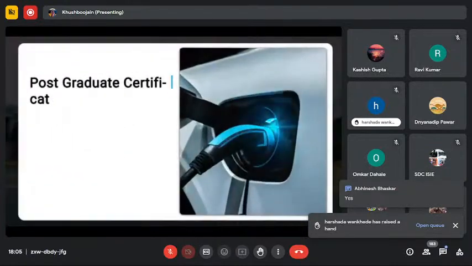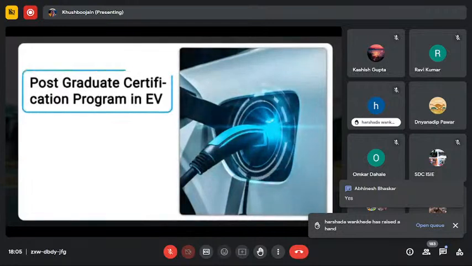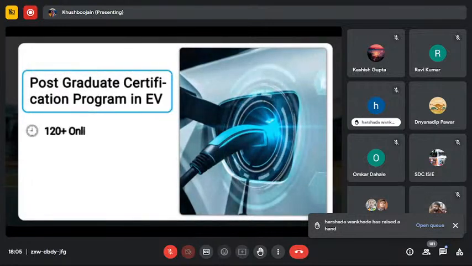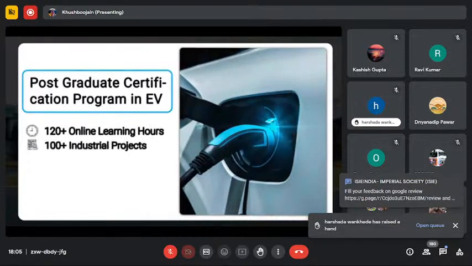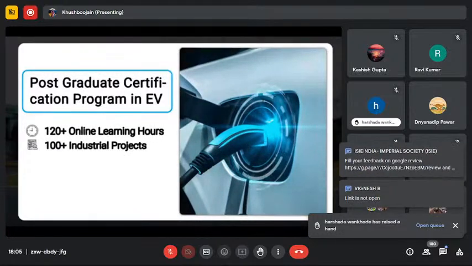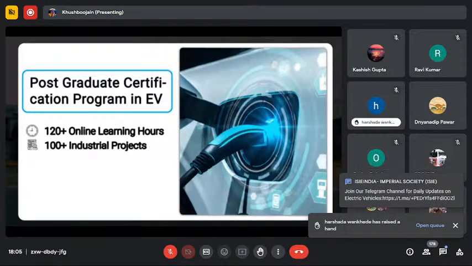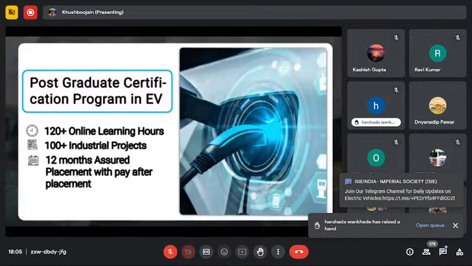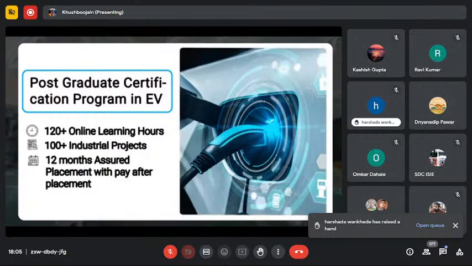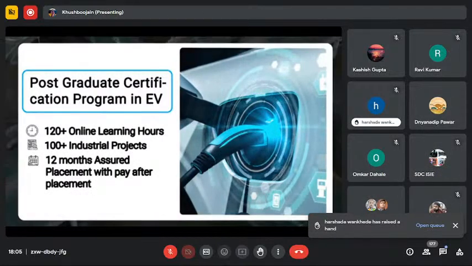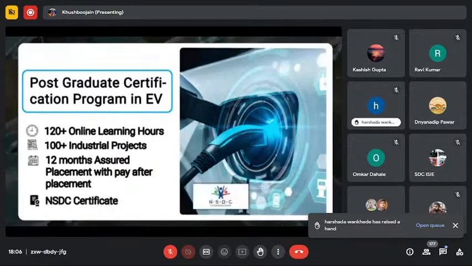Our postgraduate certification program in EV is specially designed for students, with 120 plus online learning hours and 100 plus hours of industrial projects and internship, to give exposure to various computational tools for hybrid electric vehicle applications. It is a 12-month assured placement course with pay after placement, encouraging learning without financial constraints. The course is globally valid, certified by NSDC, Government of India.